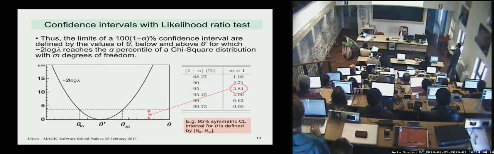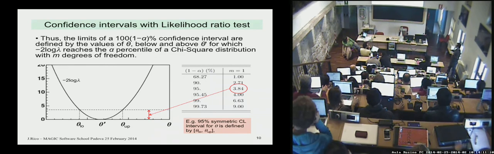let's say, if this is a true value and we were making an experiment, the values of the function that we would get for the minimum of theta, those would distribute like a chi-square distribution.